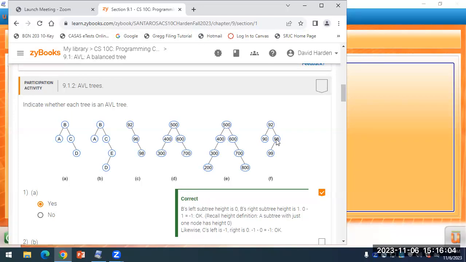So there's no guarantee that this is actually log base 2 of n, but it has been shown that in the worst case, it would be about 1.5 times log base 2 of n. So the height is not going to get anywhere near n, even though it might not be a perfect log base 2 of n.